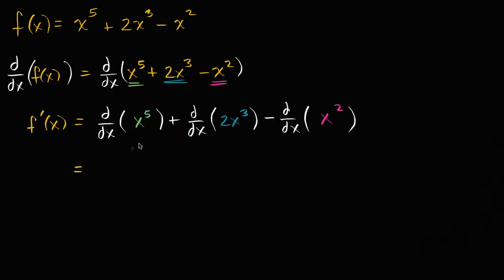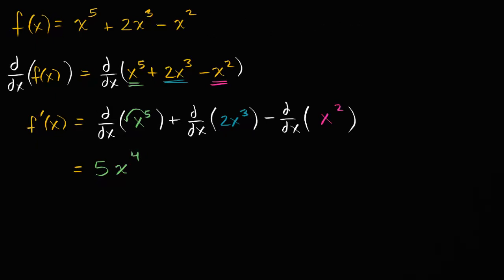Well, this is going to be equal to, for x to the fifth, we can just use the power rule. We can bring the 5 out front and decrement the exponent by 1. So it becomes 5x to the 5 minus 1 power, which of course is just 4. And then for this second one, we could do it in a few steps. Actually, let me just write it out here.